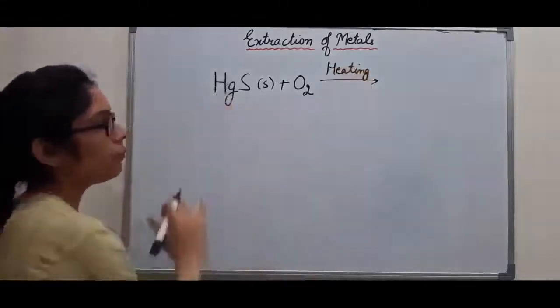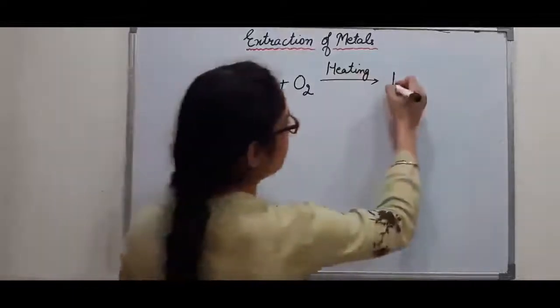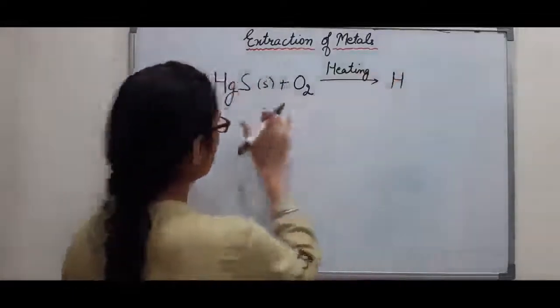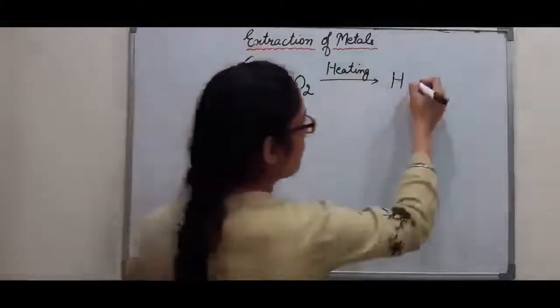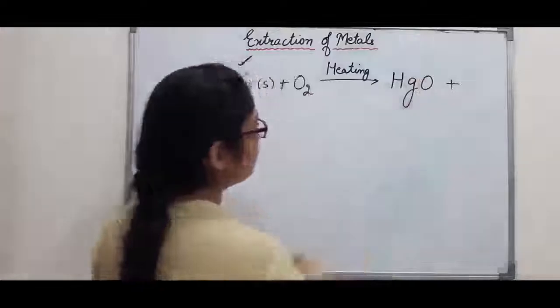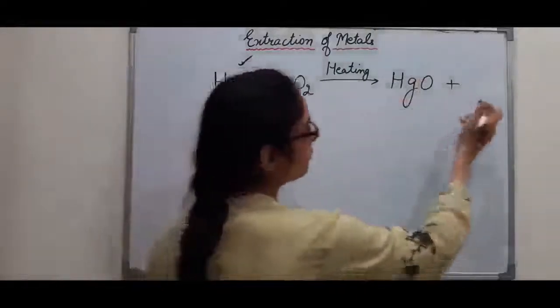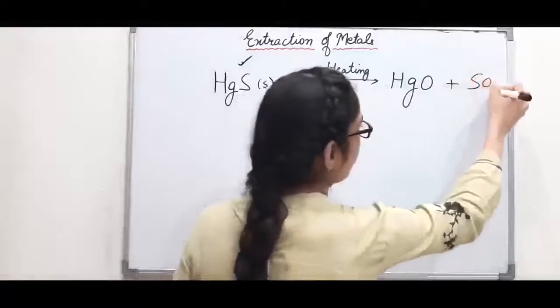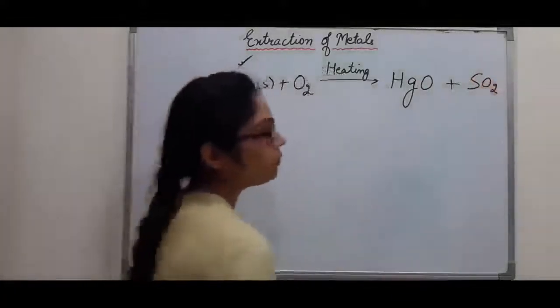On heating, the metals of low reactivity can be reduced to the metal. So on heating the sulfide of mercury, it will be converted into its oxide. From here the products are the oxide of mercury plus sulfur dioxide. See, because it is a sulfide, we will get sulfur dioxide also.